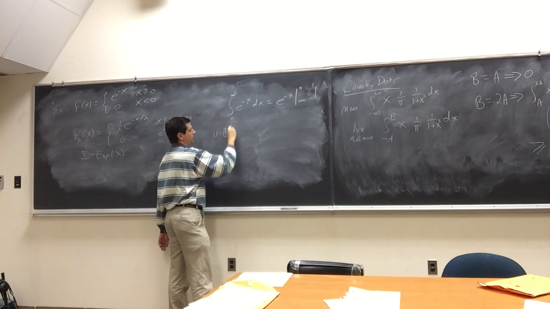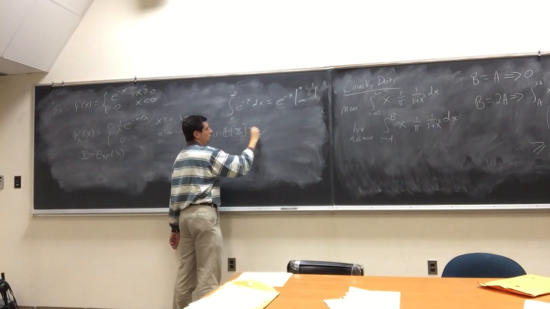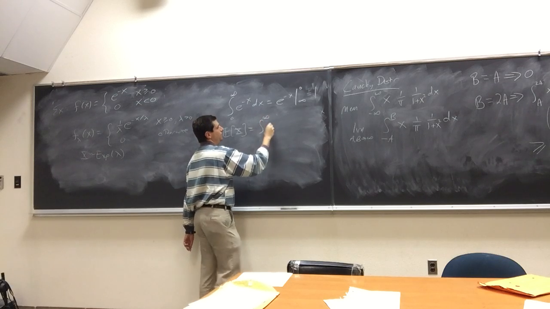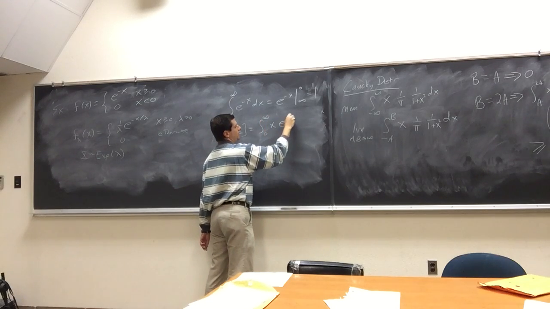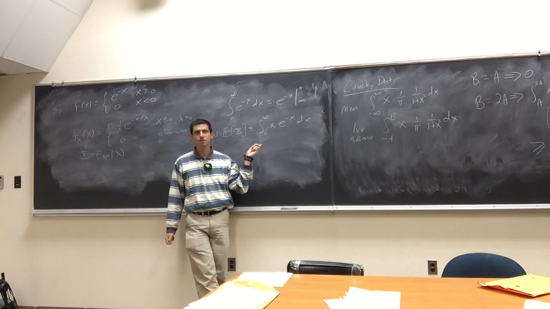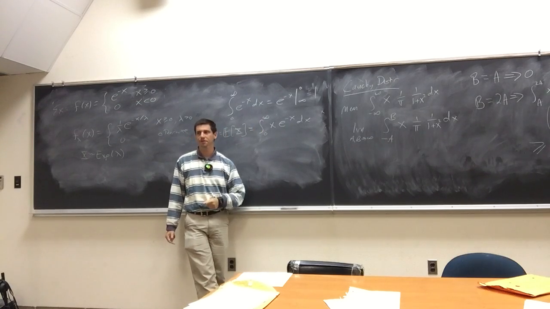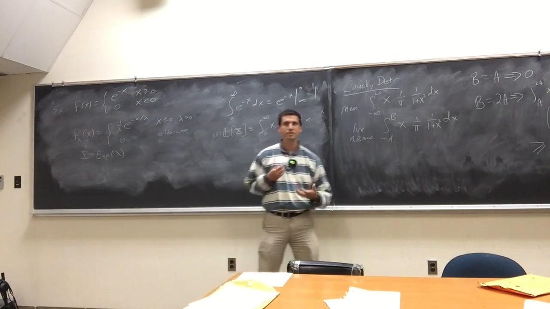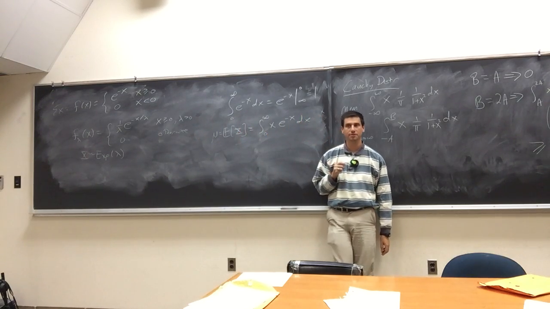So what would the mean be? The expected value of x would be the integral from 0 to infinity of x e to the minus x dx. Why am I not having the integration go from minus infinity to infinity? Why am I having the integration only go from 0 to infinity? Yes?